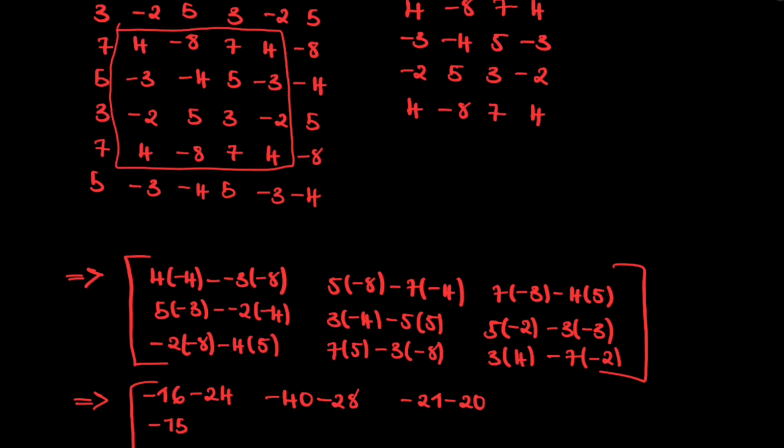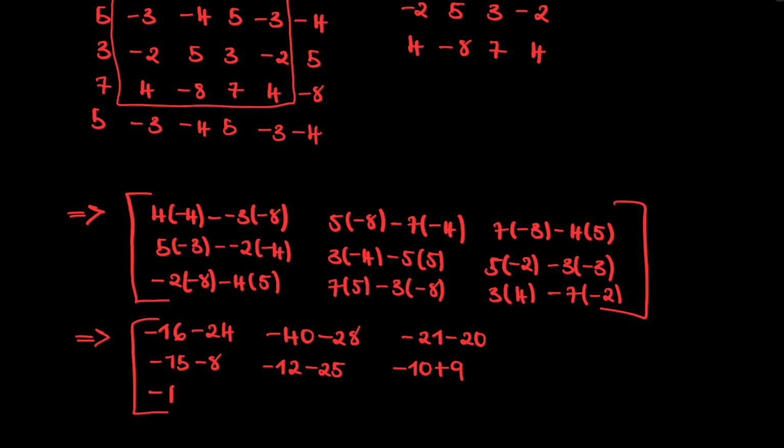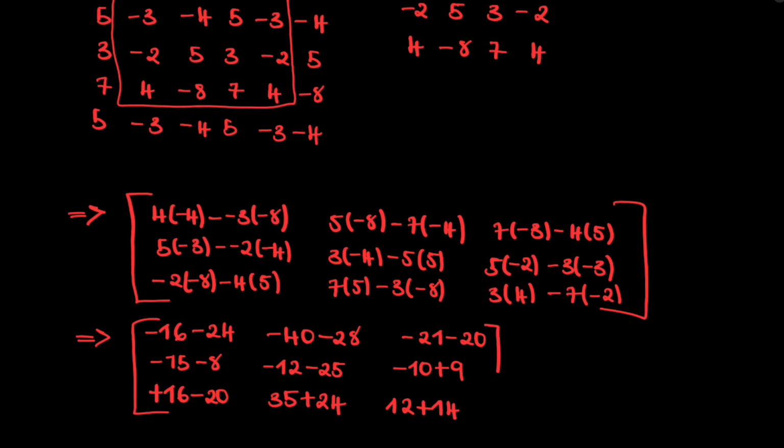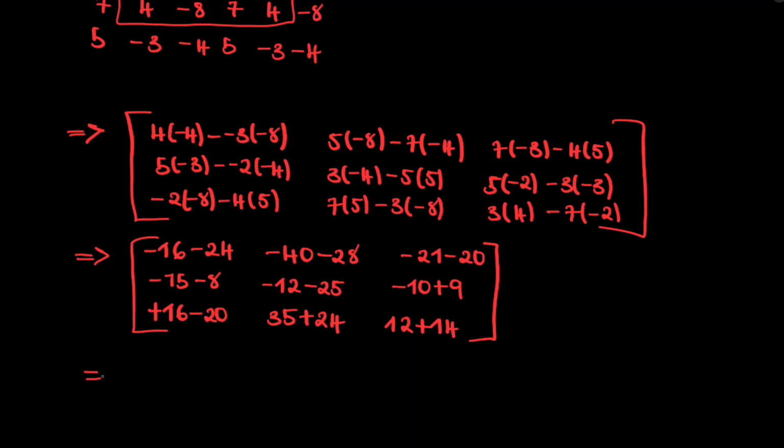Now plus 2 times minus 4 minus 8, minus 12 minus 25, minus 10 plus 9, minus 16 plus 16 minus 20, 35 plus 24, 12 plus 14. Now we simplify it again.